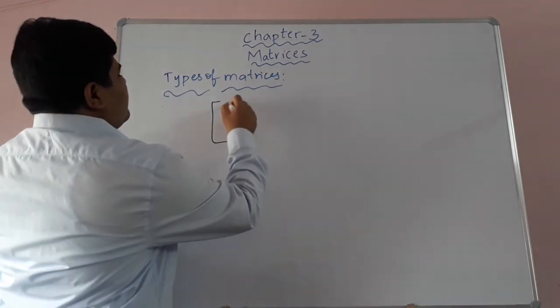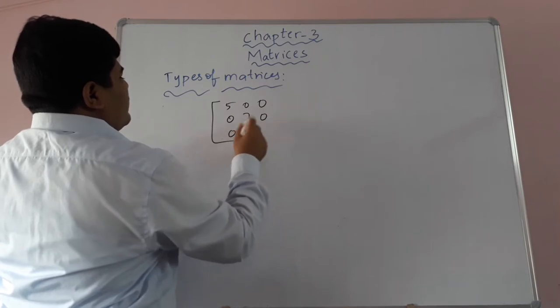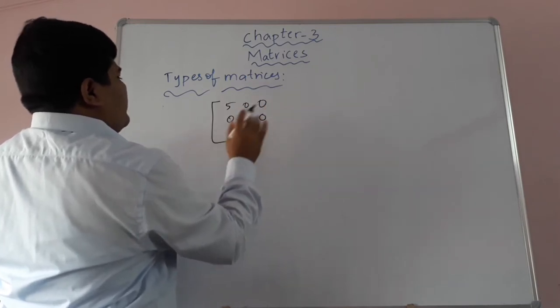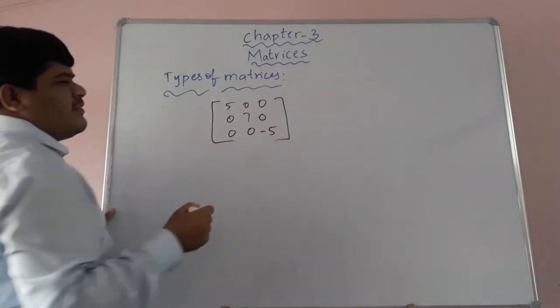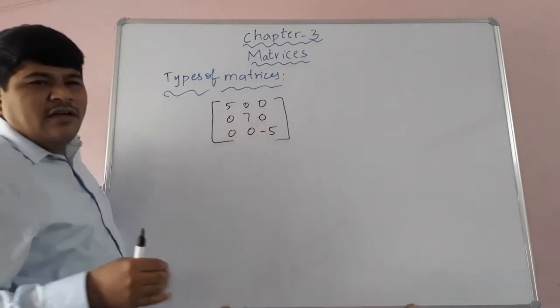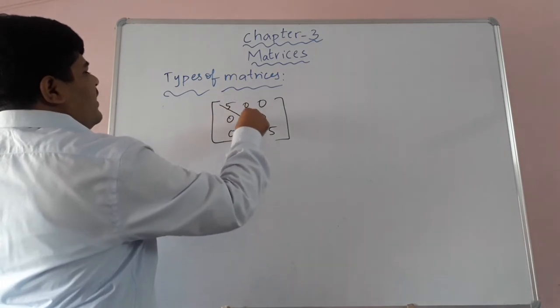See, suppose 5 0 0, 0 7 0, 0 0 minus 5. Children, in this matrix, what are the diagonal elements? 5, 7, minus 5. Remaining all elements are zeros. This is the principal diagonal, children.